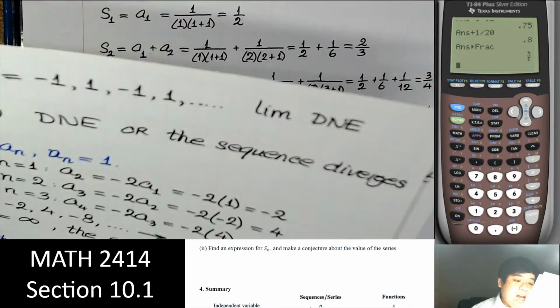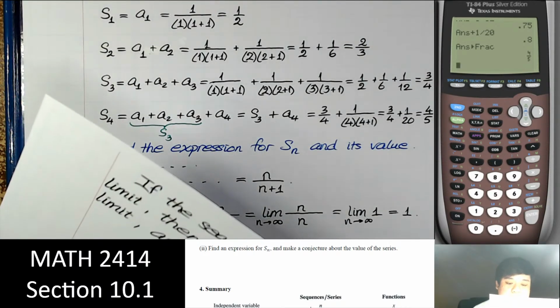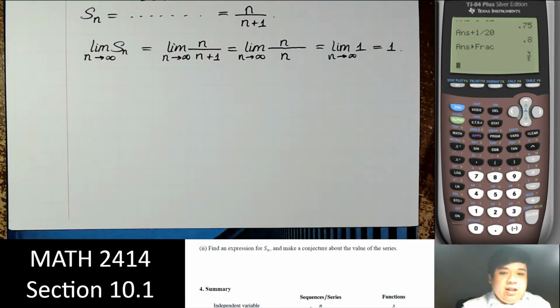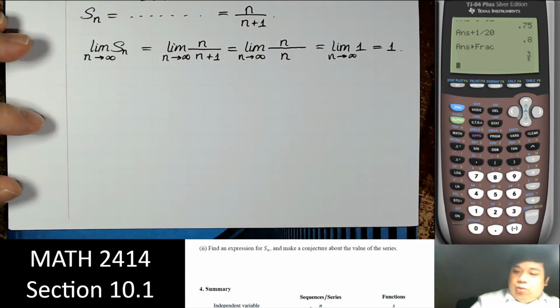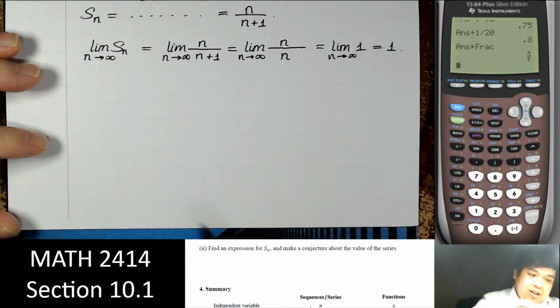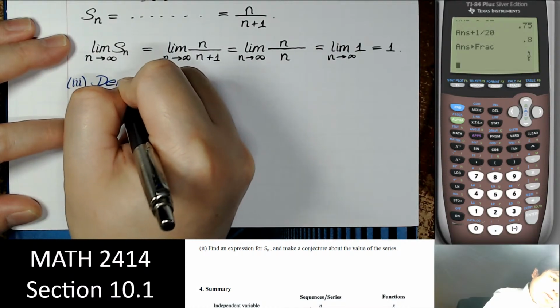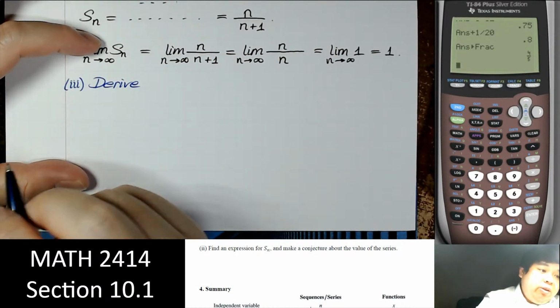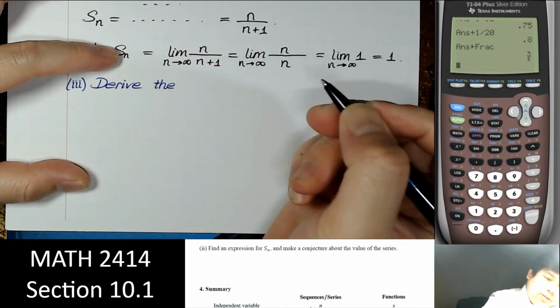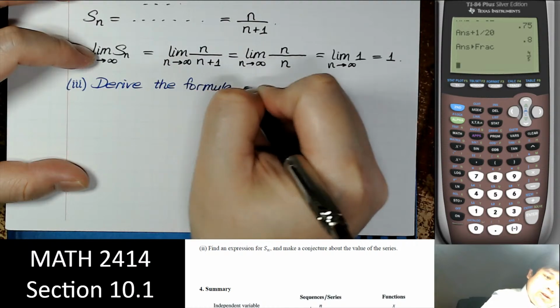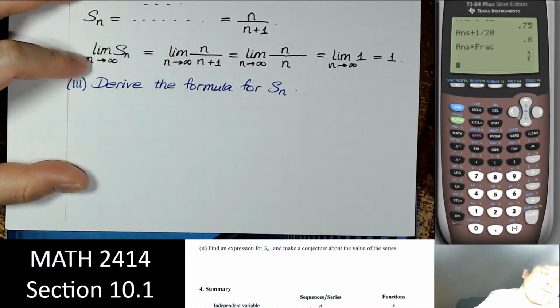So essentially the last 3 examples, all of those series go to 1, and they are all different series. They go to 1 at different rates. Right, now we need to write this, let's say number 3: derive the formula for the partial sum.